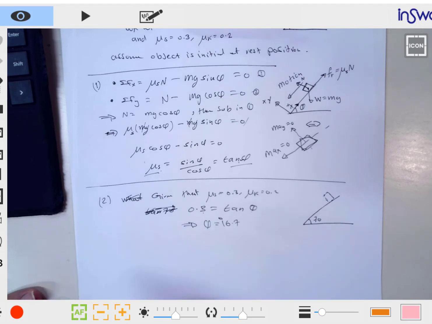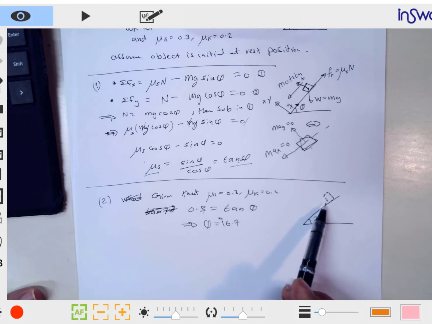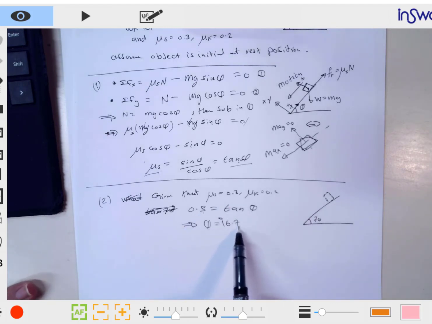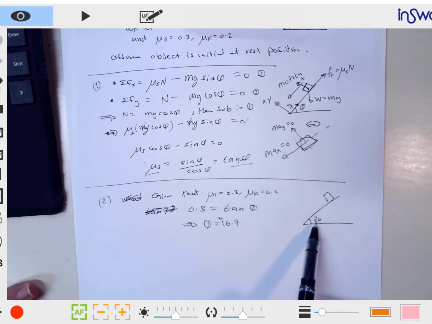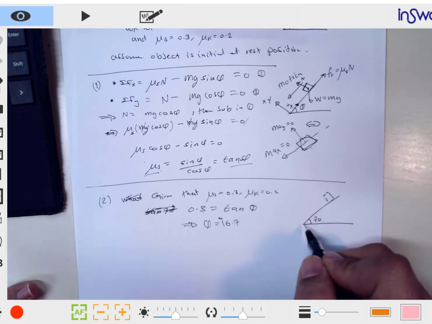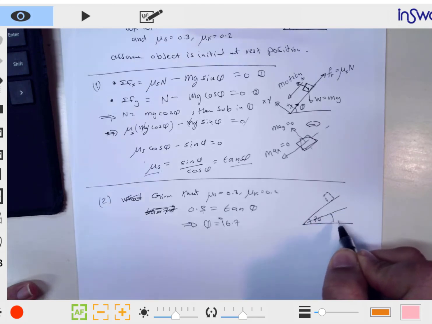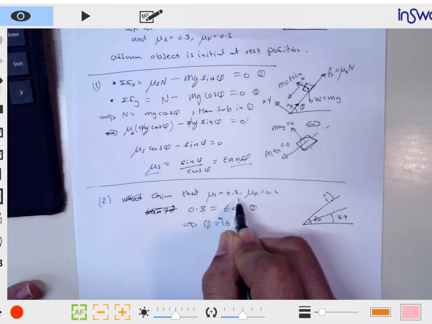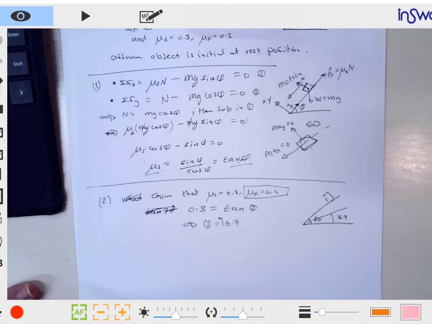So according to these numbers, the minimum angle for this object to slide with the static coefficient of friction 0.3 is 16.7. Since the angle that I'm studying is 70, which far exceeds the minimum 16.7, therefore this will definitely slide with a dynamic coefficient of friction of 0.2.